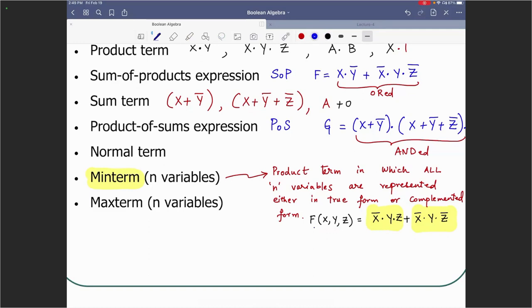Consequently, I can call this a canonical sum of products expression, short form CSoP, and you can define this as a sum of minterms.